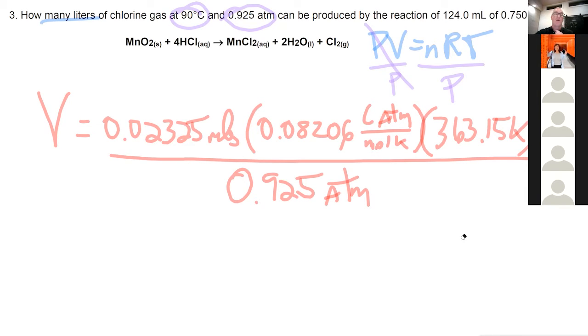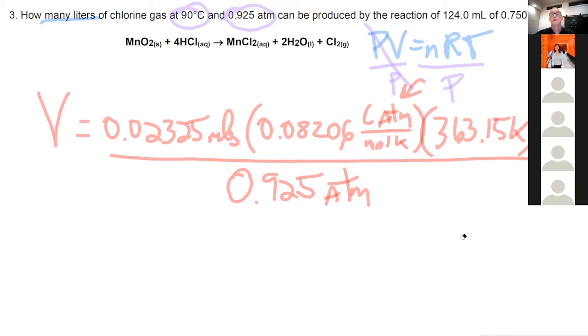There are values of R where you're using atmospheres, values where you're using torr, values where you're using millimeters of mercury. But we're going to use the one for atmospheres because it's the easiest one. I can picture atmospheres in my head. And that's the unit we have.